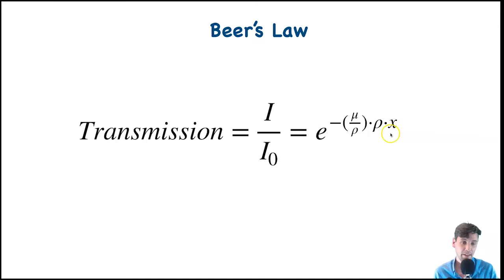So again, we're just writing the same thing over. All we did was move I0 over here into the denominator. So we have the exponential of the mass attenuation coefficient times the density times the thickness. That's Beer's law.